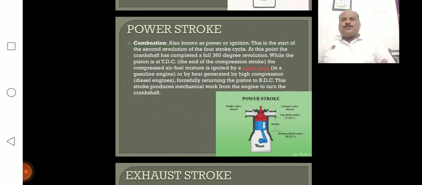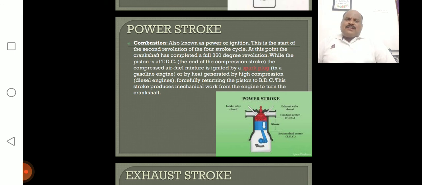There is no place for the gases to go outside. Then the gas pushes the piston from TDC to BDC. The piston comes to BDC, and here the power stroke is completed.